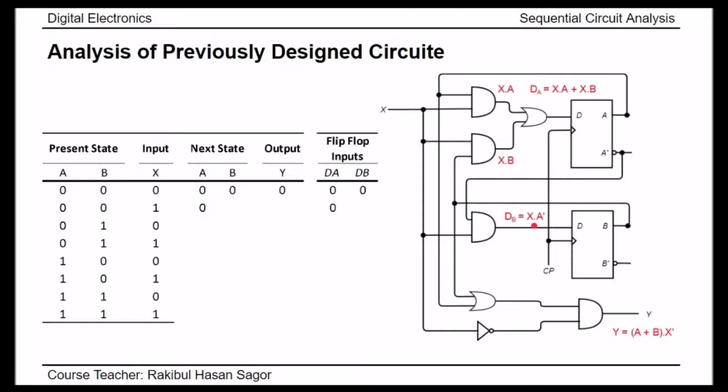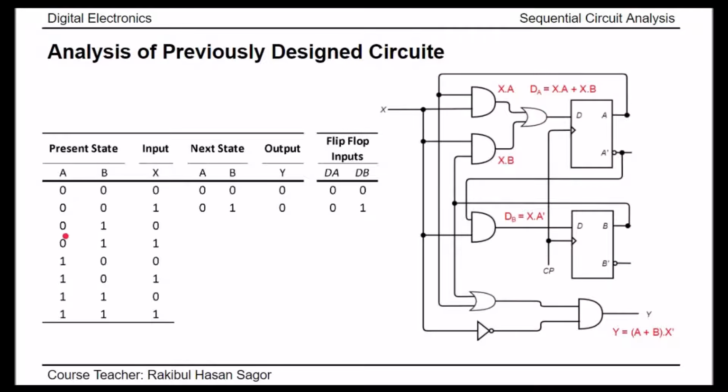And whenever we are putting X equal to 1 and A equal to 0, the value of A prime will be 1. So 1, 1 will give you the value of DB equal to 1, and the next state of B will be 1. What will be the value of output Y? If we put 0, 0, 1 here, we'll get the value of output Y equal to 0.